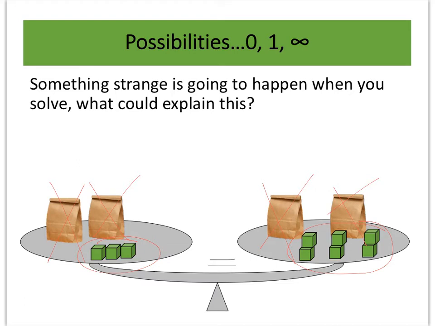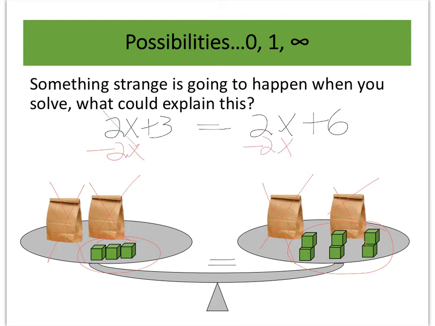So if we were to do this particular problem, this side would have an equation of 2x plus 3, because there's 2 bags and 3 blocks, and this side would have 2x plus 6. In this particular equation, we actually took away both bags, so we subtracted 2x from both sides.